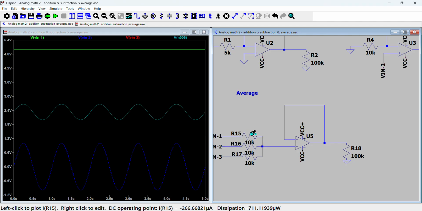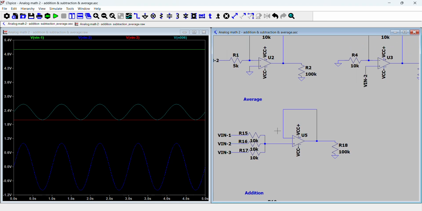So in order to make the input impedance really high, these three resistors have to be really high value. And because of that, it's not going to be able to drive a large load on the output anymore. So we have to add a current buffer to be able to drive a bigger load. So yeah, that's what the circuit is.